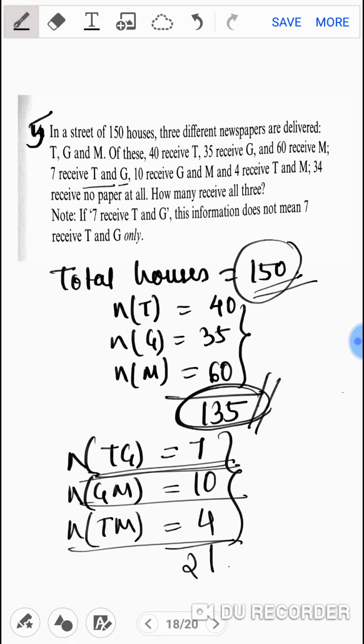If I make 3, so this is 40 and this is, 1 minute dear kids, 60 like this, and these intersections are this 21.